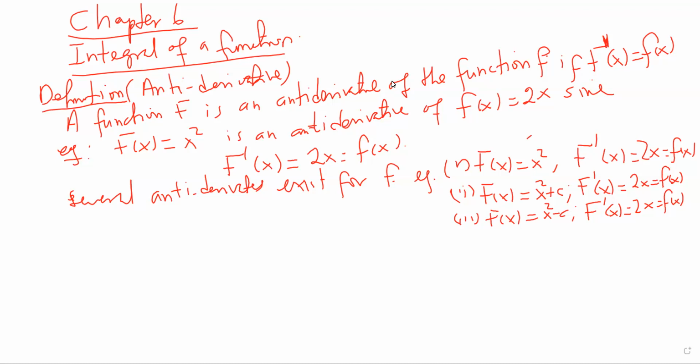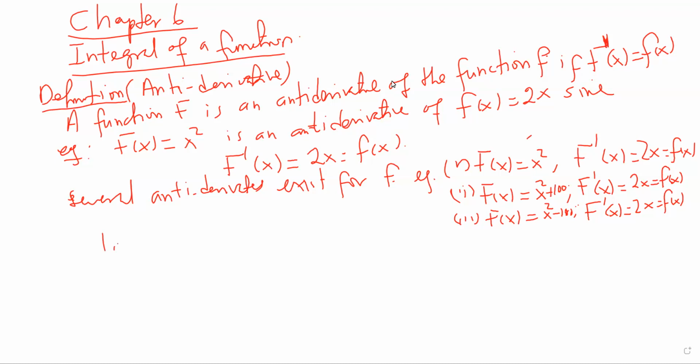So you can see that in general, we can write, for instance, plus 100, and this is minus 100, for instance, right? Then we still get the derivative to be 2x, right?